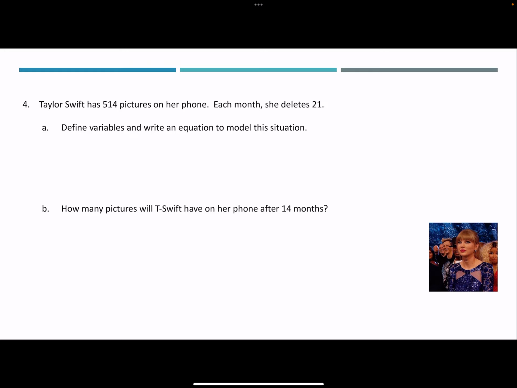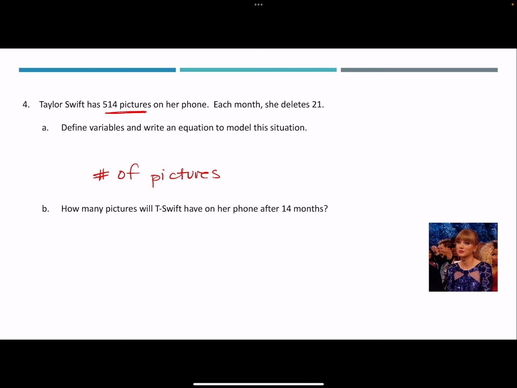Okay, let's go over this. So Taylor Swift has 514 pictures on her phone. Each month, she deletes 21. So define variables. So we're concerned with the number of pictures. That's what's changing, right? She's deleting 21 pictures. That's what's changing. So it's the number of pictures.